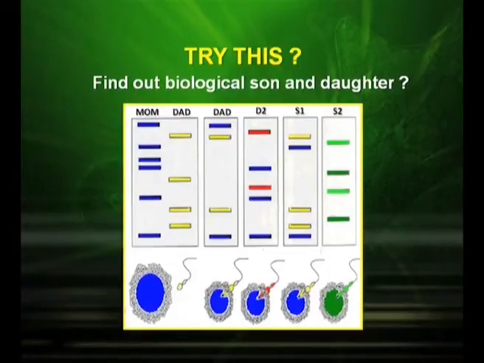You can see here the DNA pattern of D1 matches with the mom and dad. So, D1 is a true daughter. On the other hand, for the son, S1, the DNA pattern is similar to mom and dad. So, S1 is the true son.